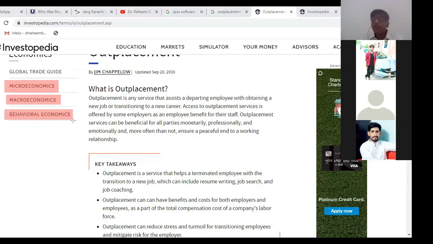I think this is a wonderful website, and you should mostly refer to it to know the different types of terms discussed there. Like at the end of every book, you find the terminology where technical terms have been defined in a few lines. It's the same. This is also like a glossary for you.